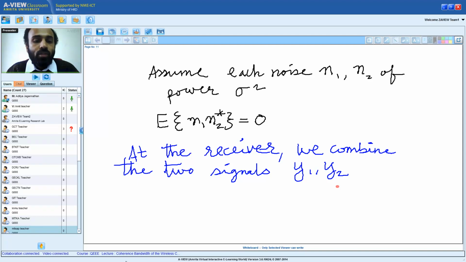Let me choose the combining weights w1 and w2. At the receiver, we perform w1 conjugate y1 plus w2 conjugate y2.